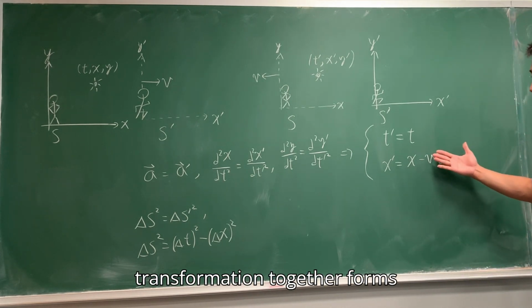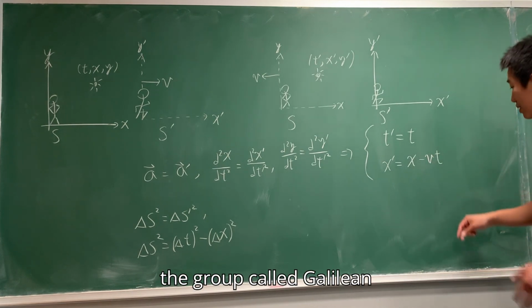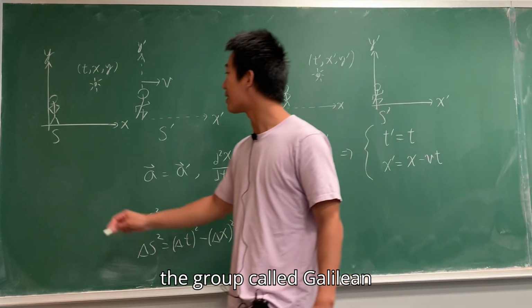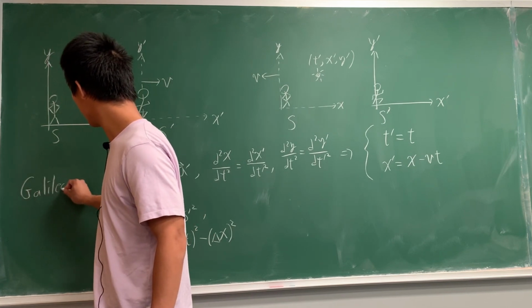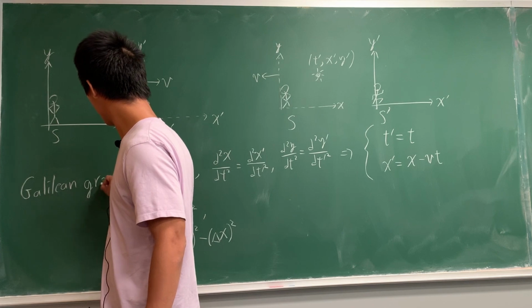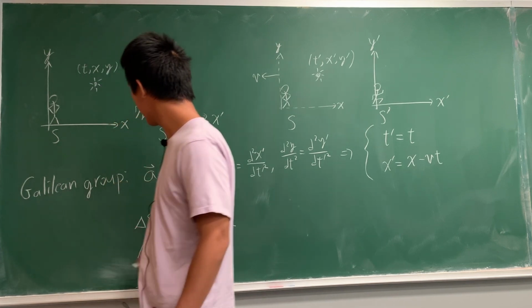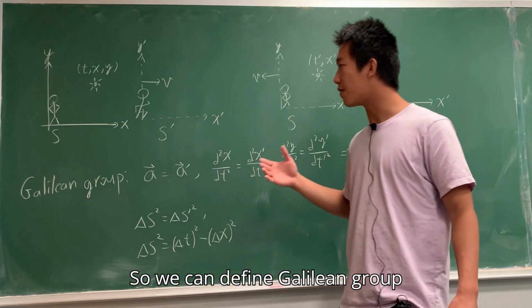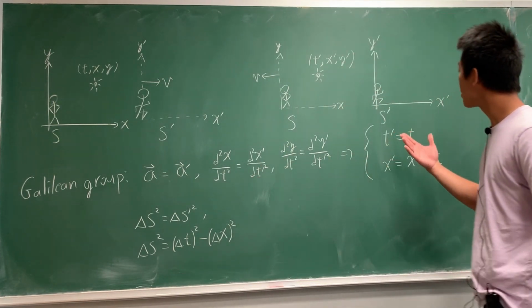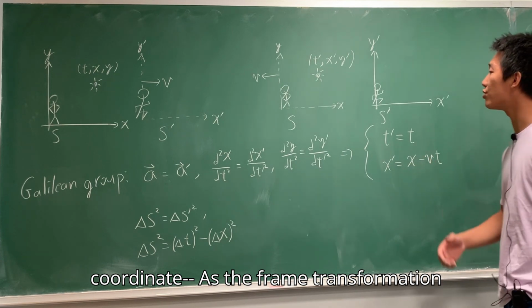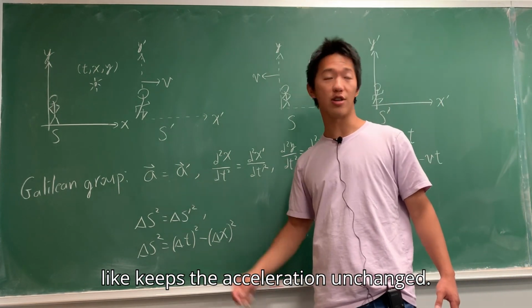This transformation together forms the group called the Galilean group. So we can define the Galilean group as the frame transformation that keeps the acceleration unchanged.